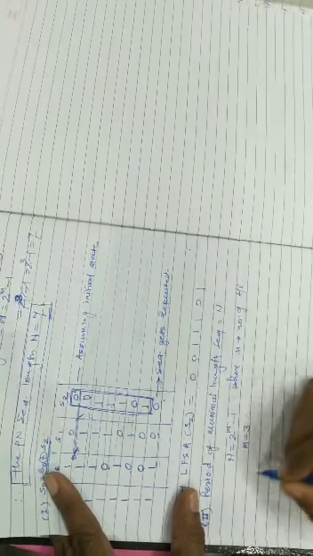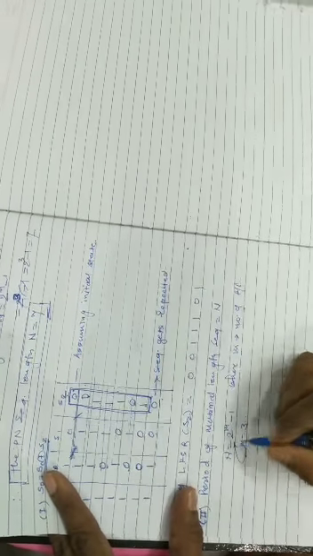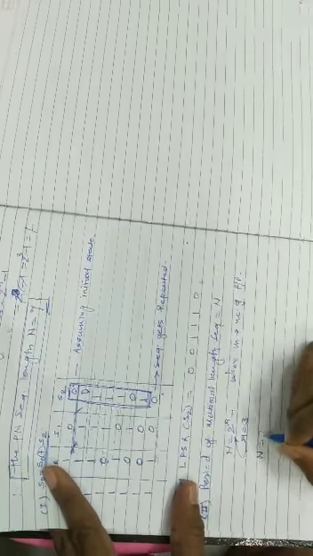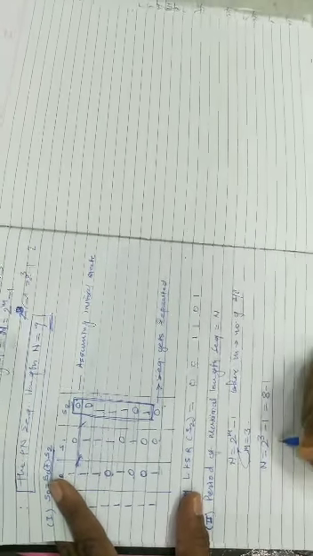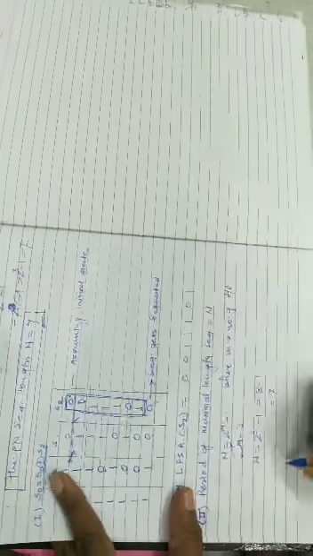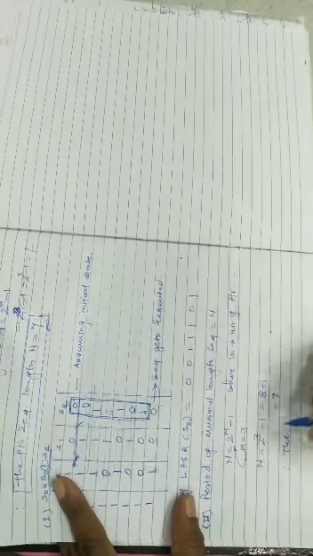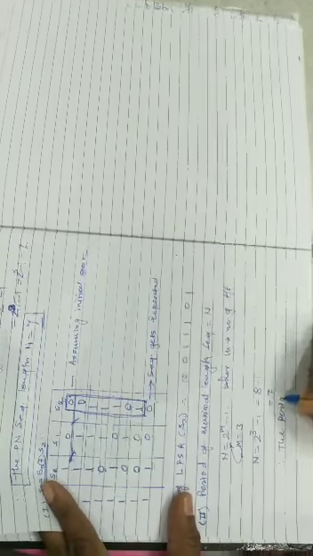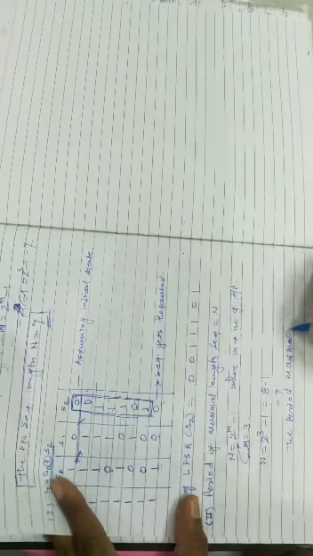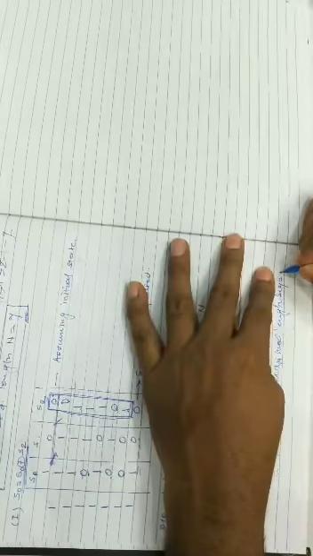Since here there are 3 flip-flops, the value of m will be 3, and if you put this m value over here, you will get the value of n, that is 2 to the power 3 minus 1. This comes out to be 8 minus 1 is equal to 7, and therefore the period of the maximal length sequence, that is capital N, will be equal to 7.